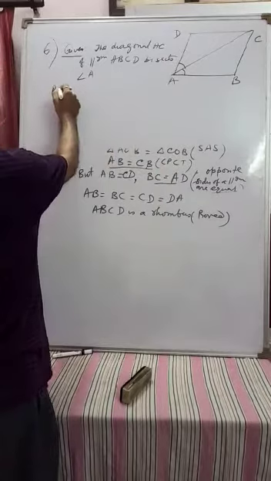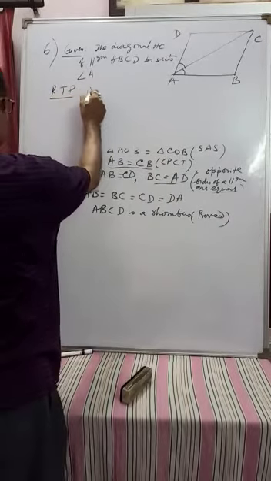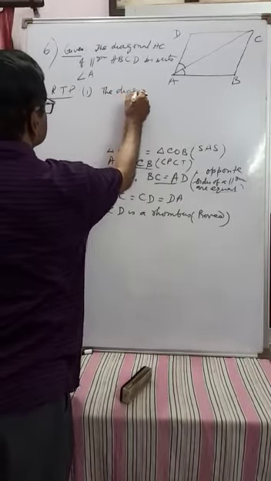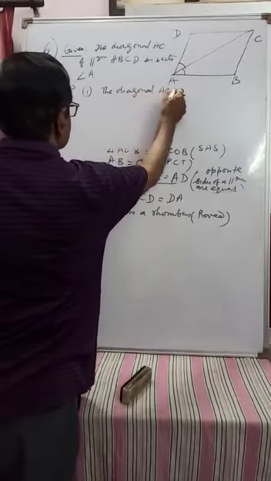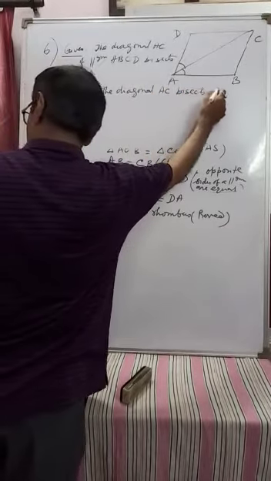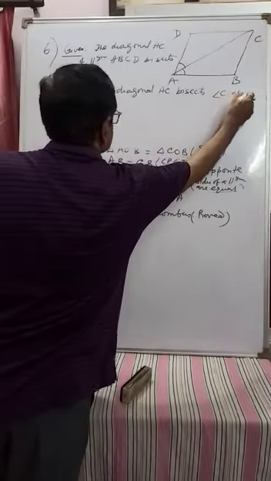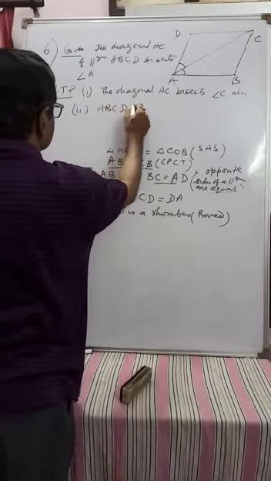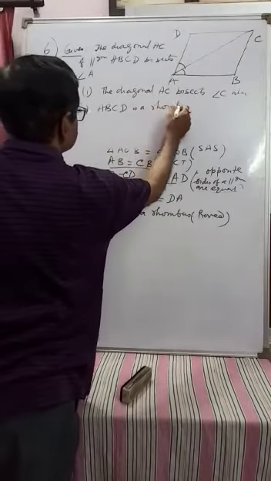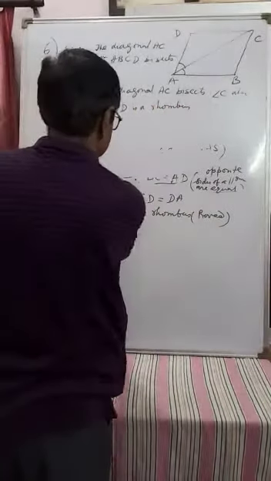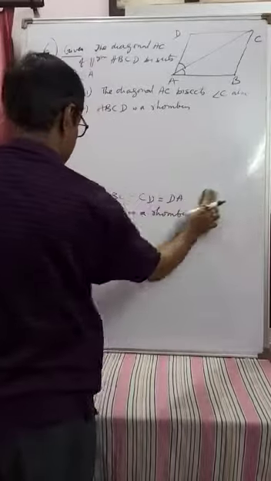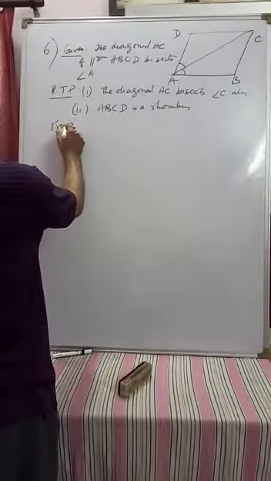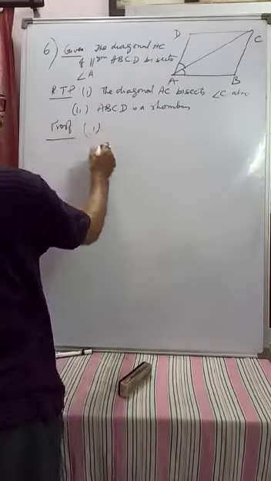Now what we have to prove? We have to prove two things. First, the diagonal AC bisects angle C also, and secondly, ABCD is a rhombus. So let us prove it. Prove the first part.